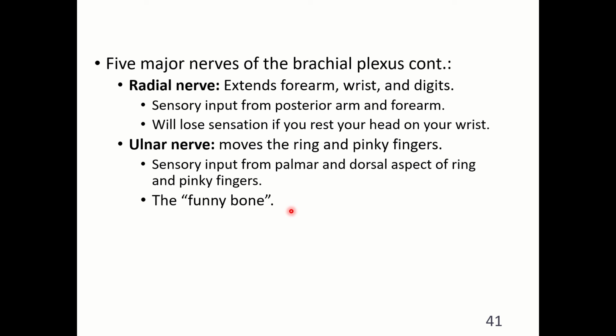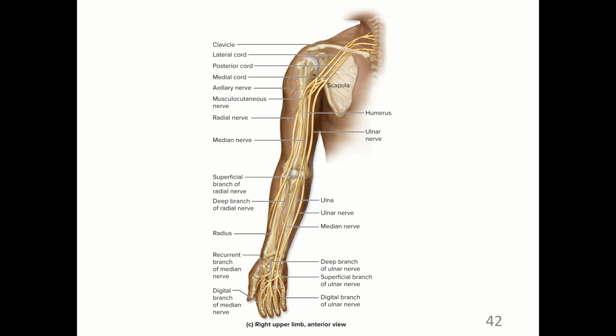Another nerve that causes tingles is the ulnar nerve. This is the nerve that moves the ring and pinky fingers. It brings sensory input from the palmar and dorsal aspect of your ring and pinky fingers and is often referred to as the funny bone. This is the ulnar nerve, and it travels down to ring side and pinky side.